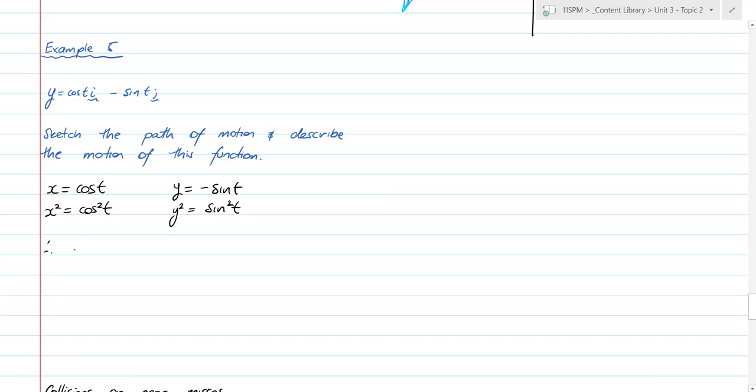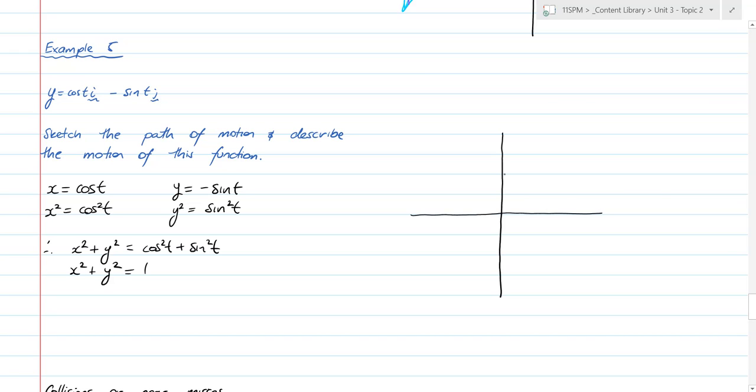And therefore, x squared plus y squared equals cos squared t plus sine squared t, which equals 1. x squared plus y squared equals 1. And that, of course, gives me, like we said, this circular function going through those 4 main points.